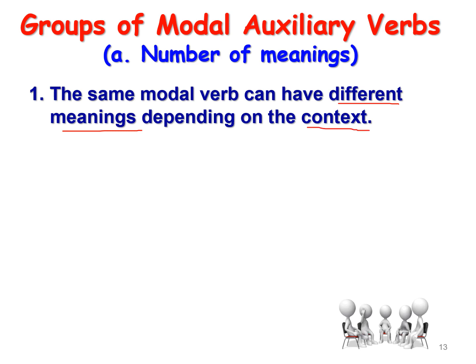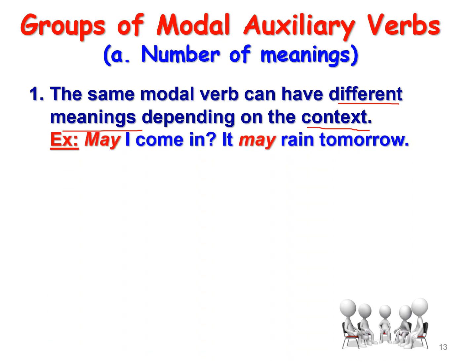So when we use them in different contexts, they may have different meanings. For example, may I come in? What does may I come in mean here? It's just a polite way to ask permission to come in.